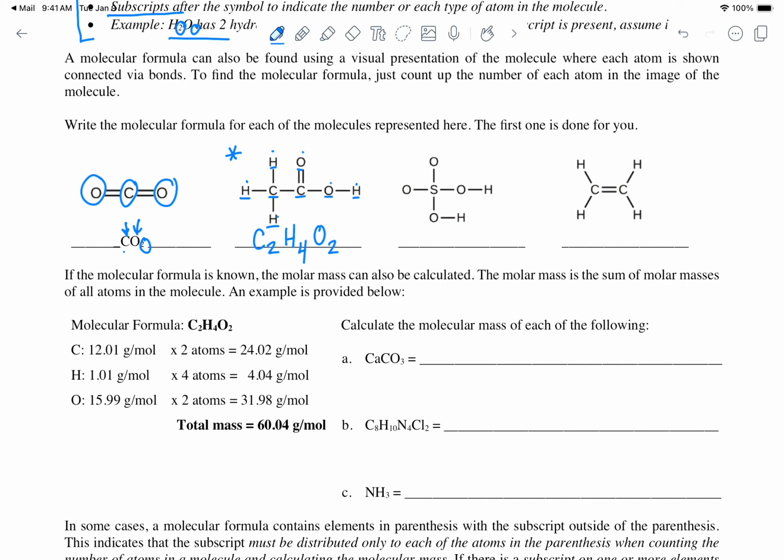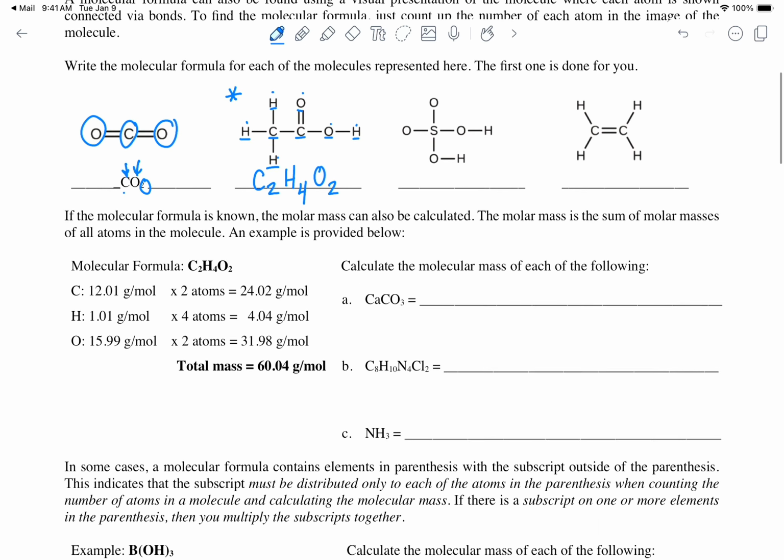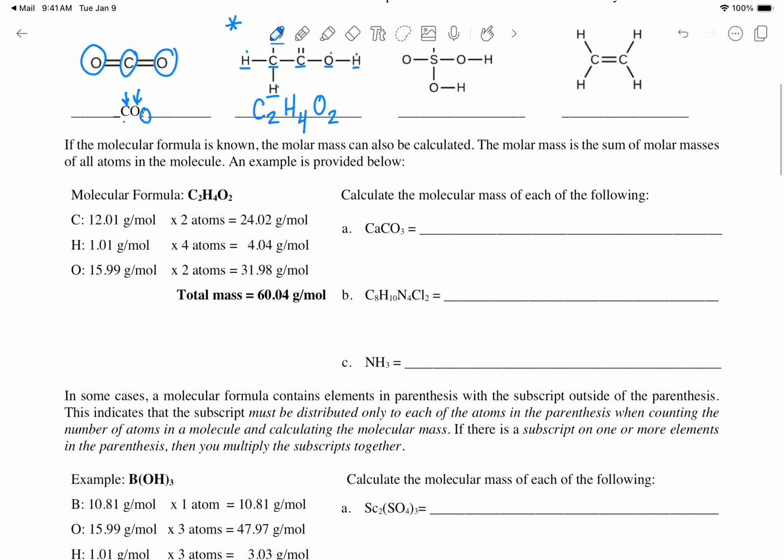So I don't hold it to a specific standard. What I care more about is that you are able to use that molecular formula to calculate the molar mass or the molecular mass. Again, those are the same thing. You can use them interchangeably.